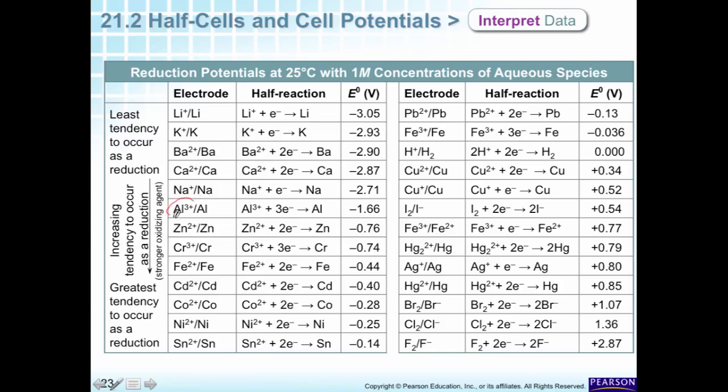Here's aluminum. Here's iron 2, but I think we had iron 3, which is way over here. So things that will be reduced, this is going this way, okay? That's more likely. And if we had iron 2, we would still get a correct answer because it's going that way. Aluminum is going to be oxidized because it's higher up on the chart. Okay?